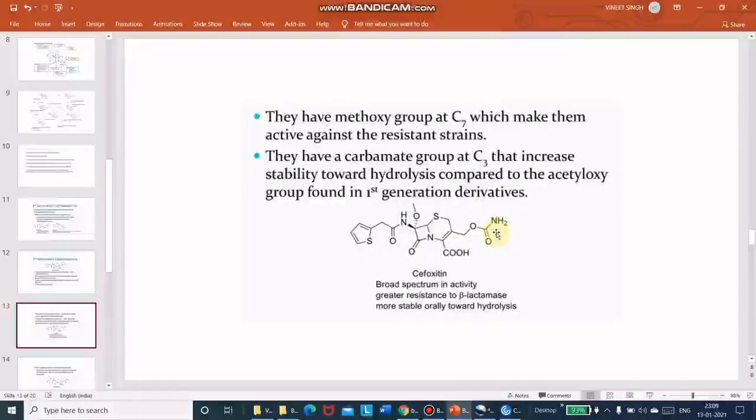So cephalosporin, ये broad spectrum is activity, greater resistance to beta lactamases, more stable orally toward hydrolysis.